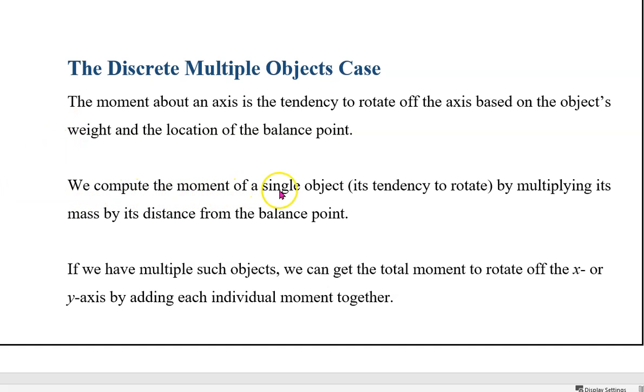We compute the moment of a single object, that is, its tendency to rotate, by multiplying its mass by its distance from the point where it would balance. If we have multiple such objects, we can get the total moment of the system to rotate off the x or the y axis by adding each individual moment together.